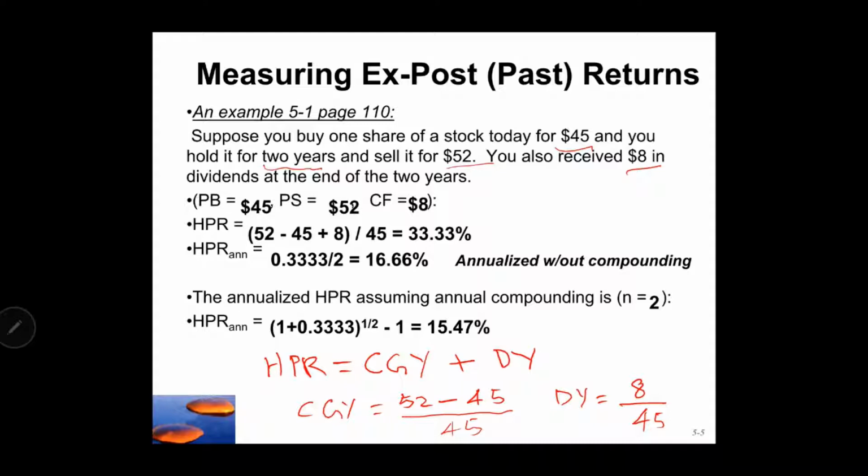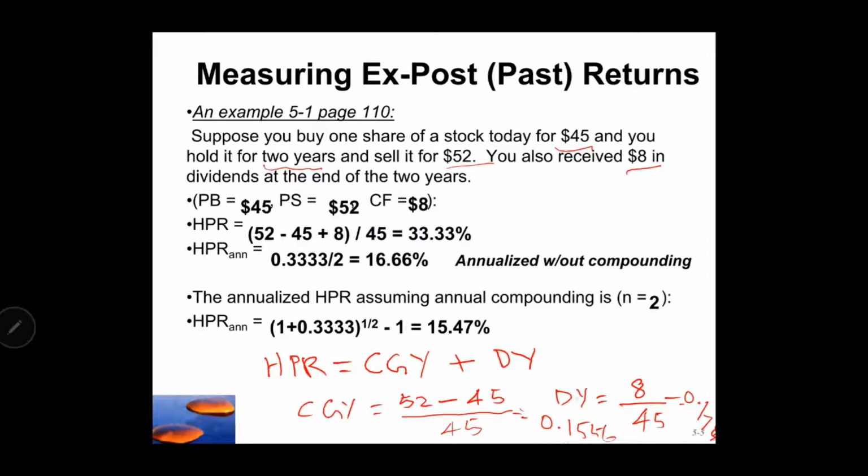If you take the calculator and compute 52 minus 45 divided by 45, you should get 0.1556, and with the dividend yield you should get 0.178 if you take it to 3 digits.